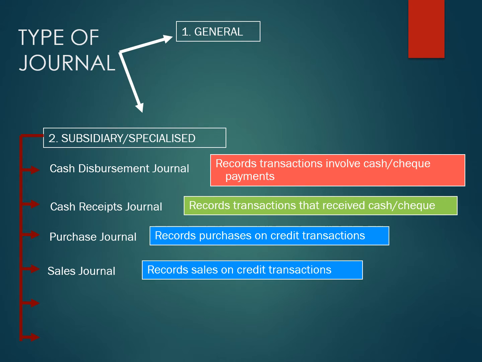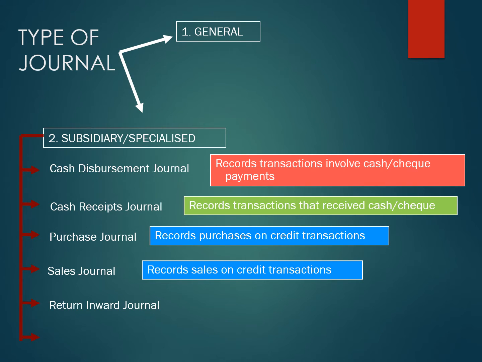And the sales journal records the sales on credit, meaning only the trading goods sales, and it must be on credit terms, hutang. Then you record in the sales journal.